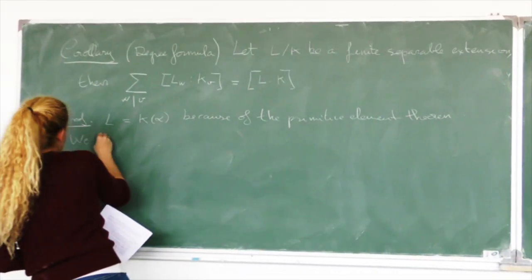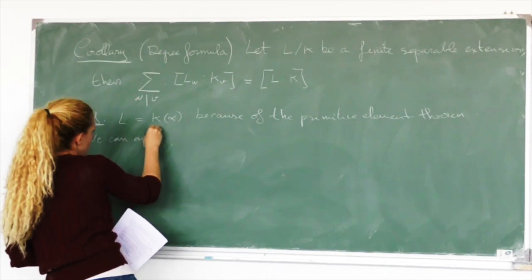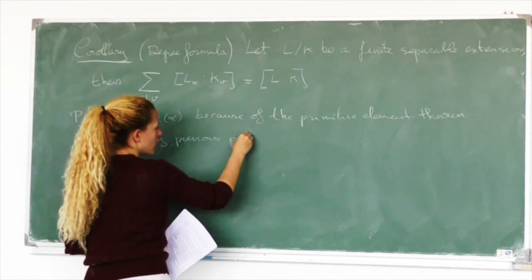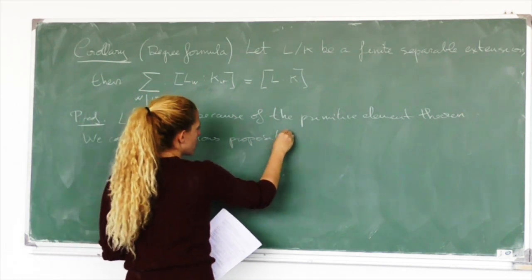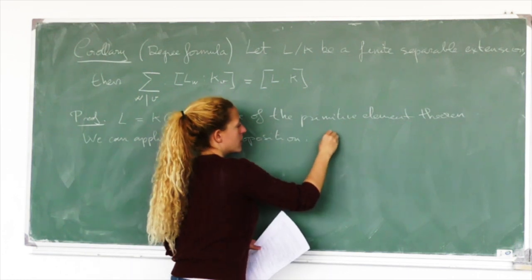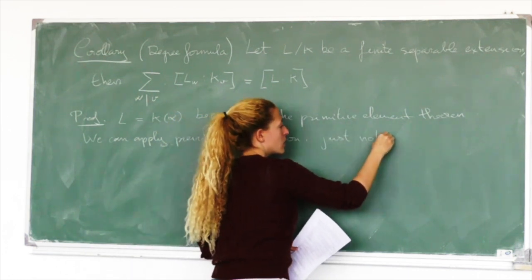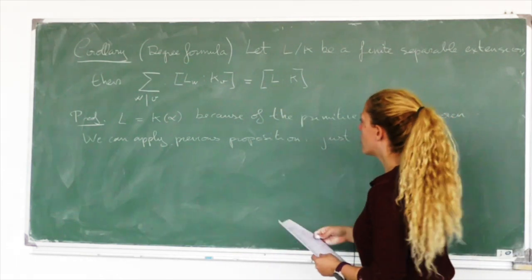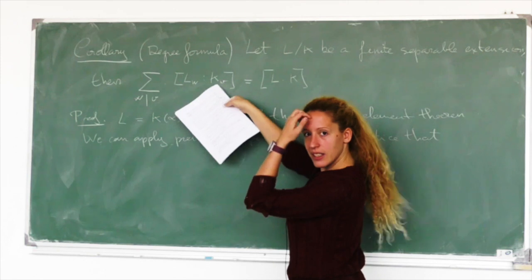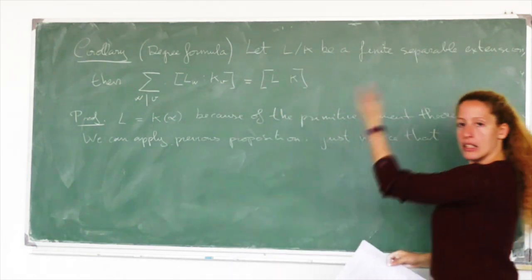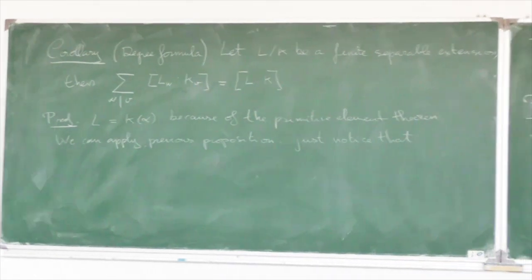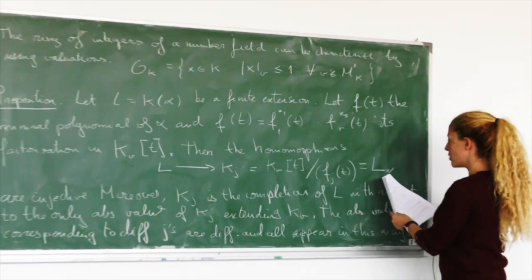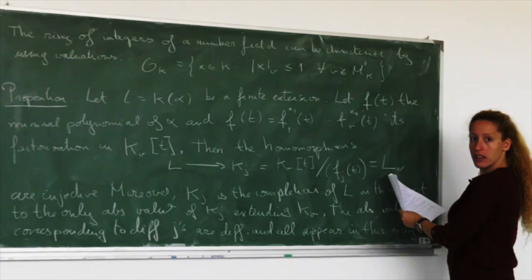We can then apply the previous proposition. And just notice that actually, who is this index? Let's go back to the previous proposition. What do we have here? Actually, this is L of W over V, right?